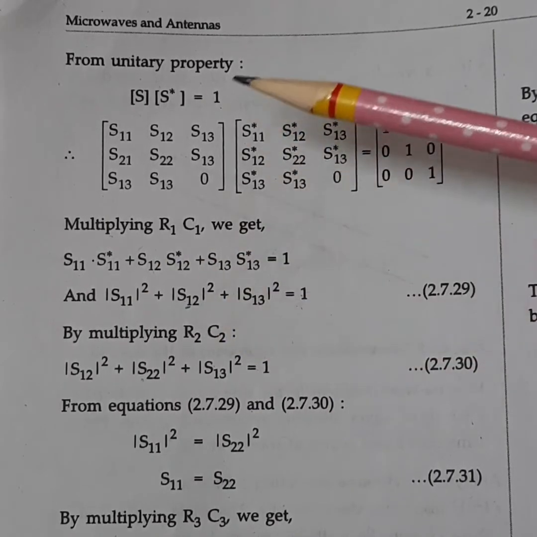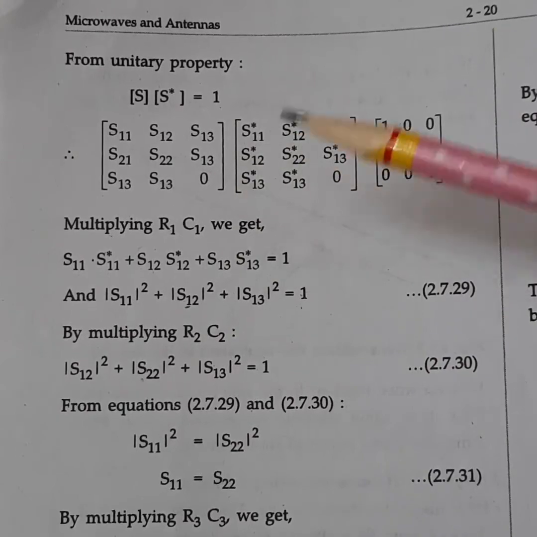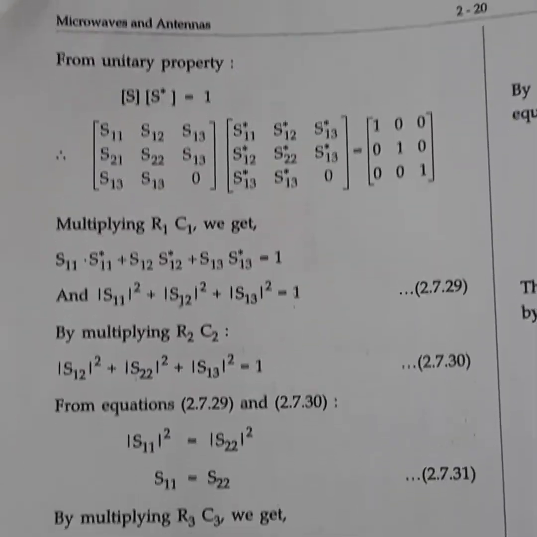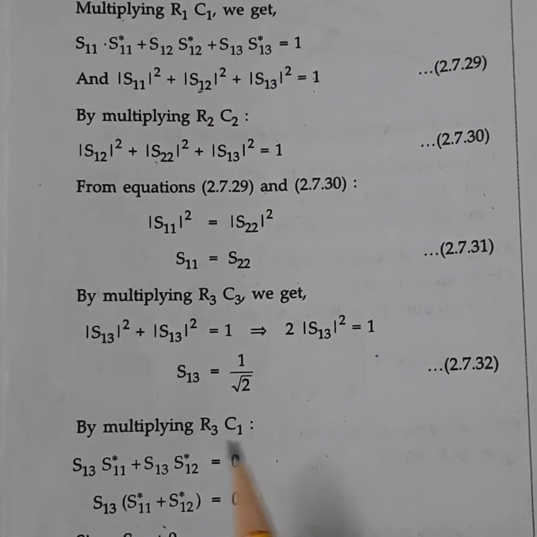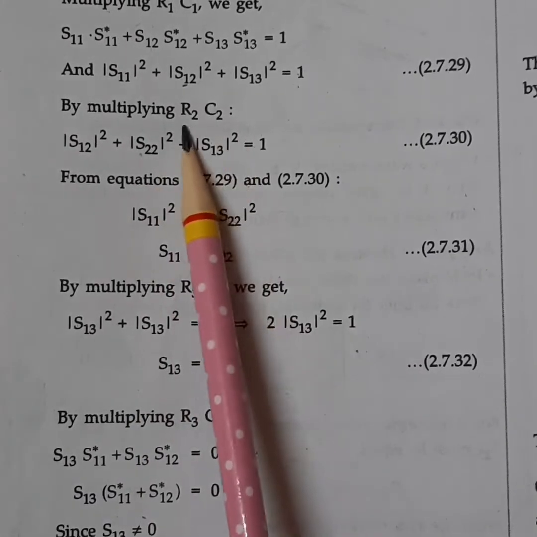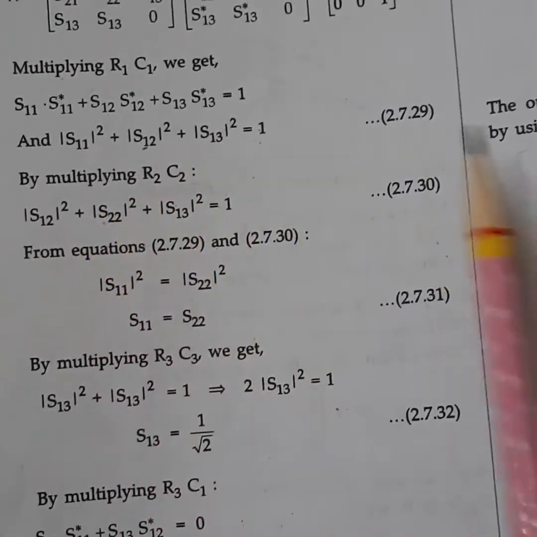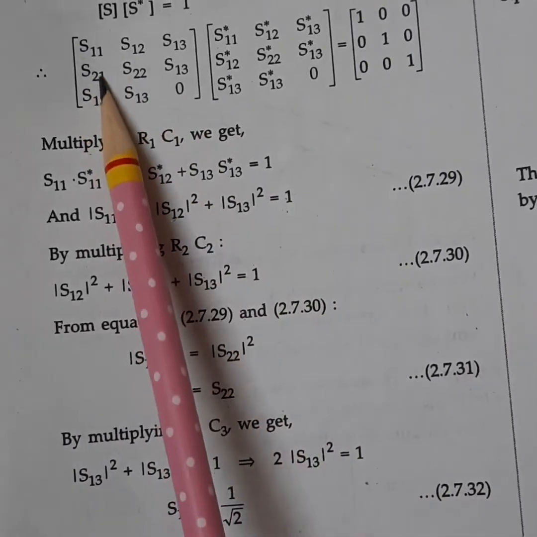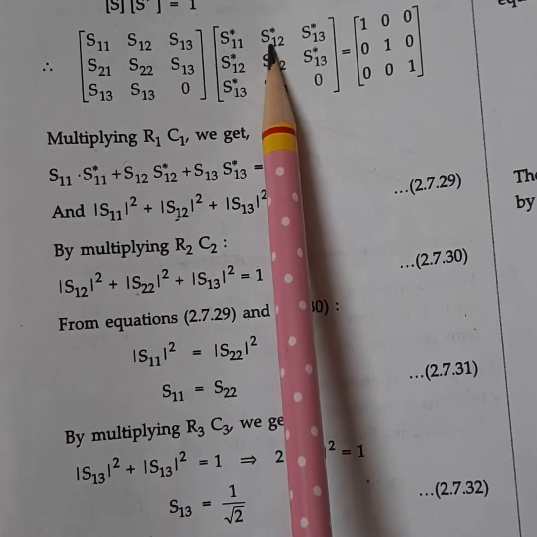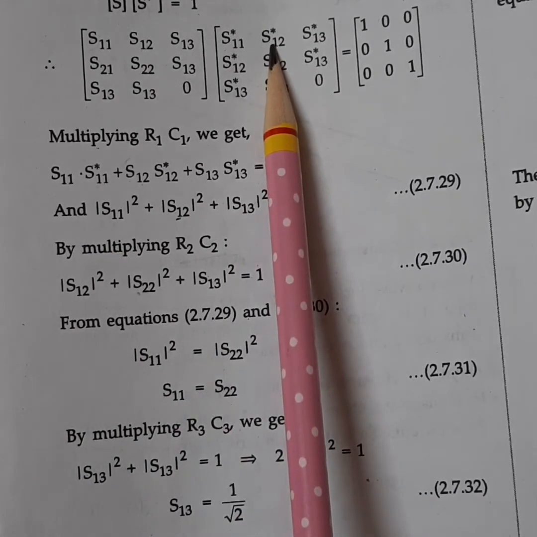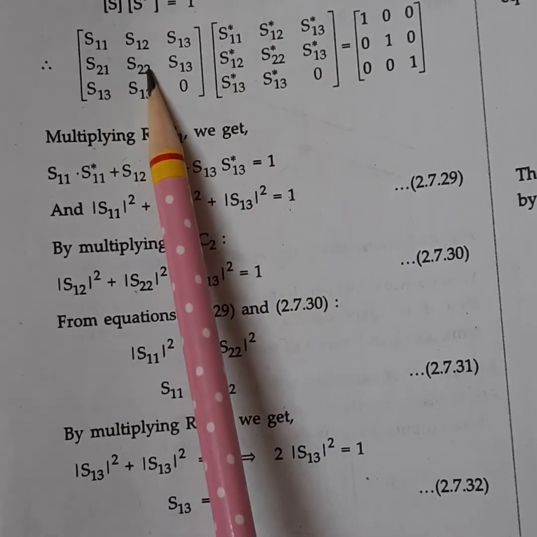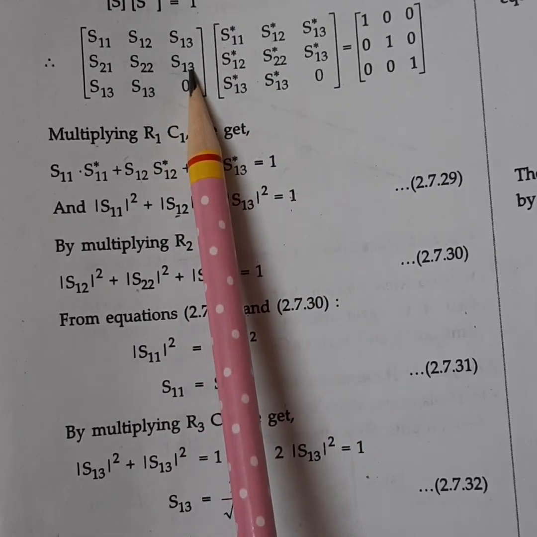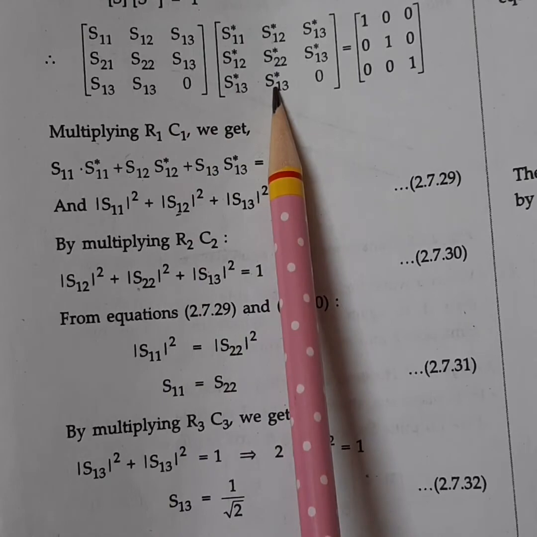So we'll multiply row 2 with column 2. So what are we going to get? S21 into S12 star, S22 into S22 star, S13 into S13 star.